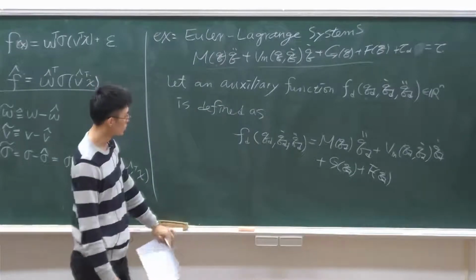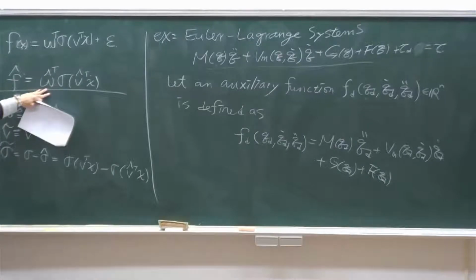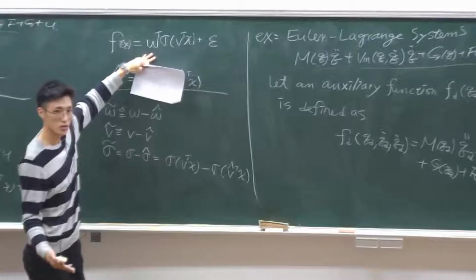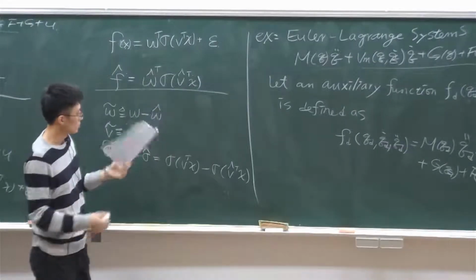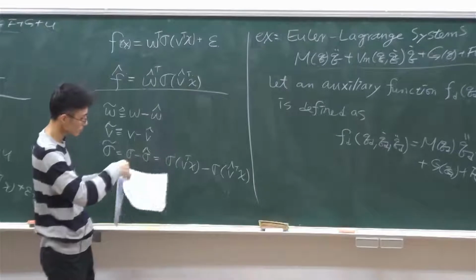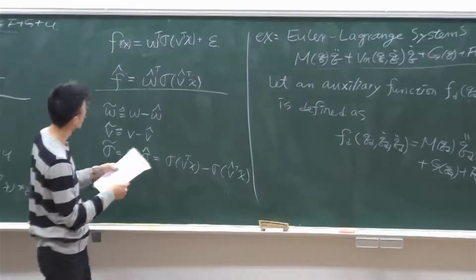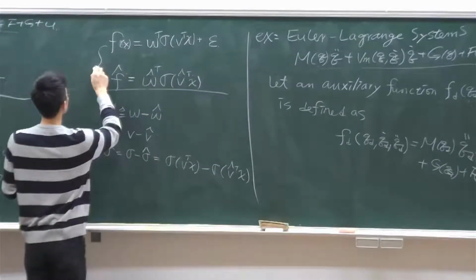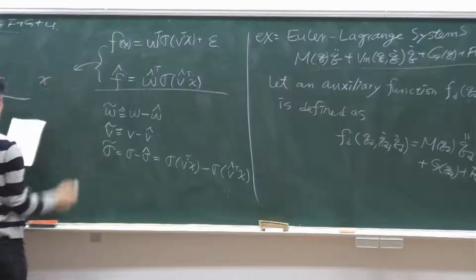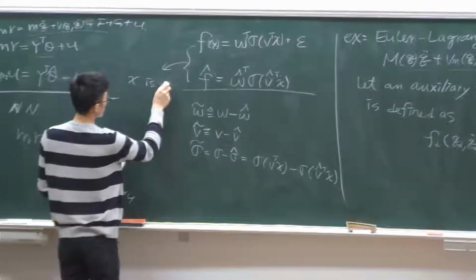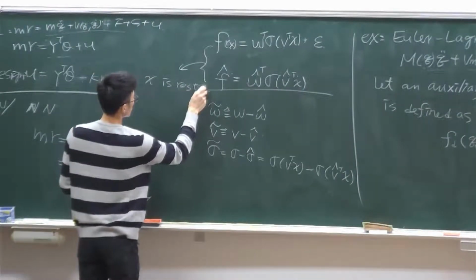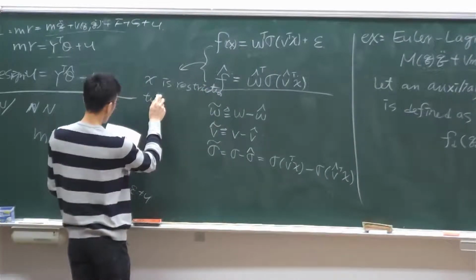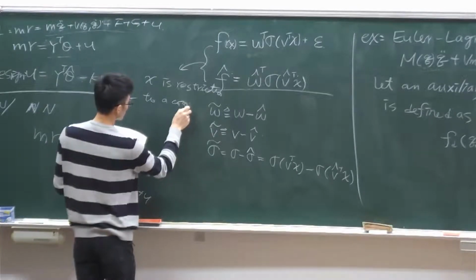Because in here, to do an approximation on the nonlinear function using neural networks, the variable, the input x, is restricted to a compact set.